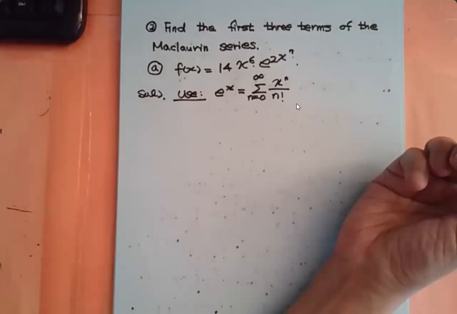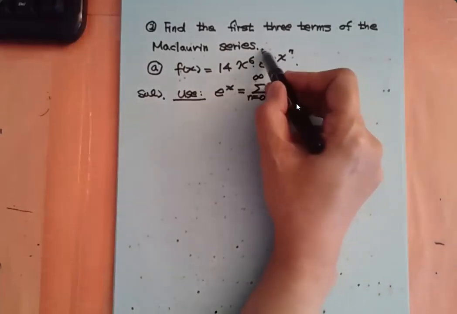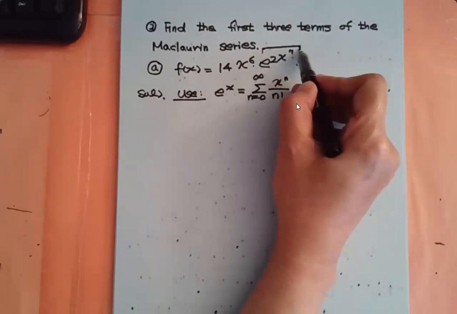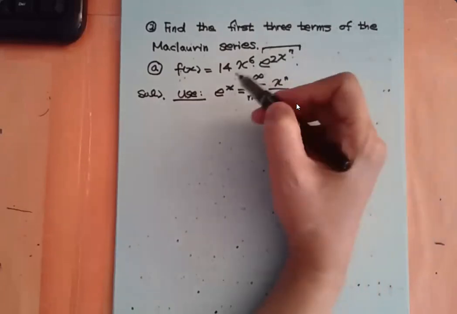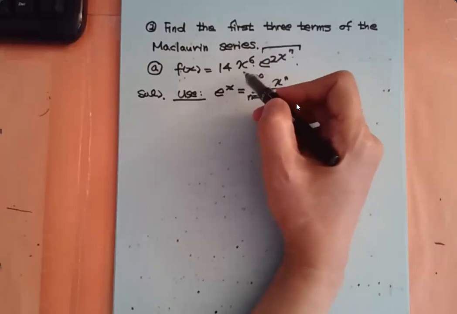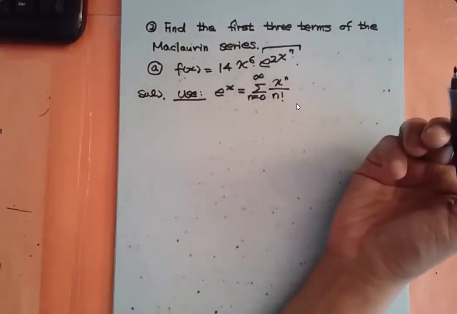So for this particular problem, I think the easier way to go is you just get the Maclaurin series expansion for this part and then just distribute with x to the 16th power.